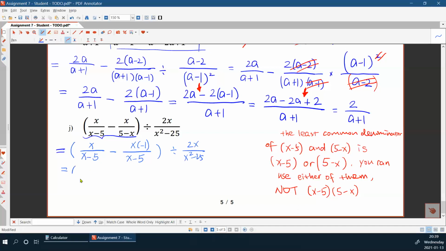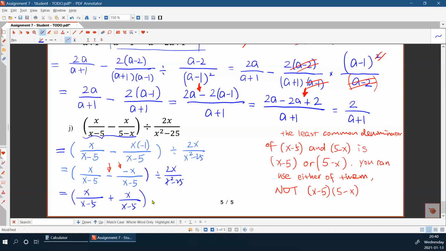Now we have x over (x minus 5) minus (x over minus (x minus 5)). So minus sign and minus sign becomes a plus sign, right? So our next step becomes x over (x minus 5) plus x over (x minus 5), right?